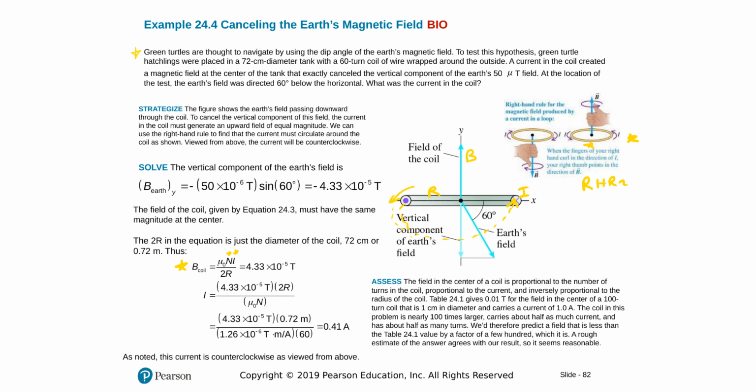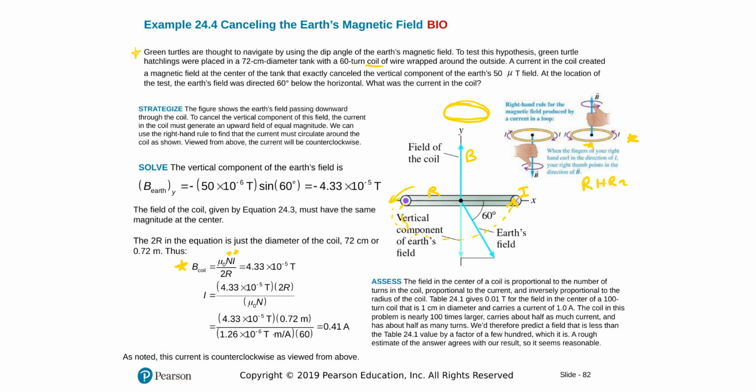Green turtles are thought to navigate by using the dip angle of Earth's magnetic field. To test this hypothesis, green turtle hatchlings were placed in a 72 centimeter diameter tank with a 60 turn coil. When you say coil, that's this guy here. And it's not only one turn though, it has 60 turns.